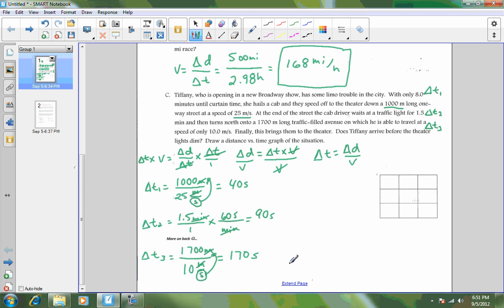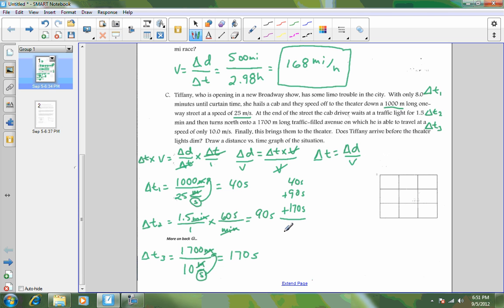So now I know the total time. The total time is going to be given by 40 seconds plus 90 seconds plus 170 seconds.